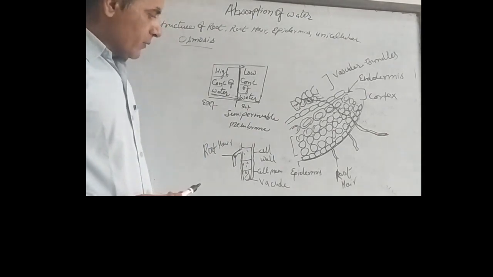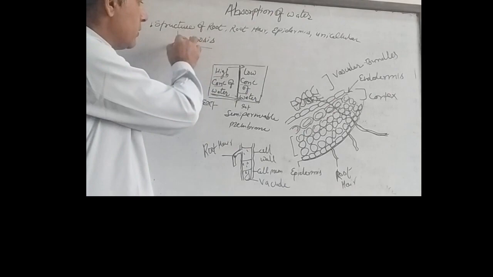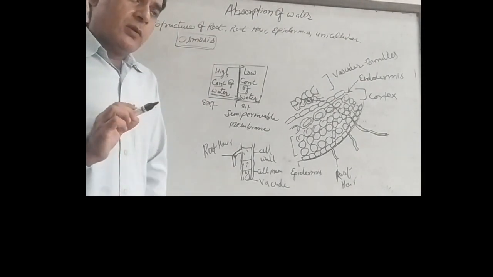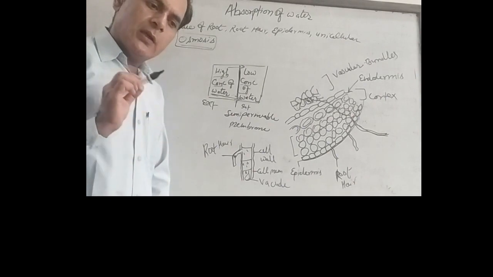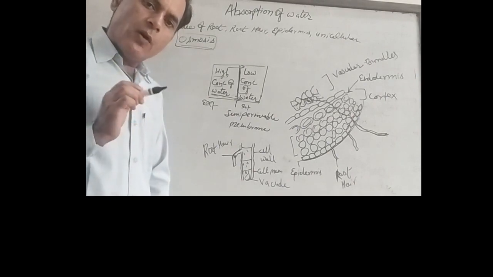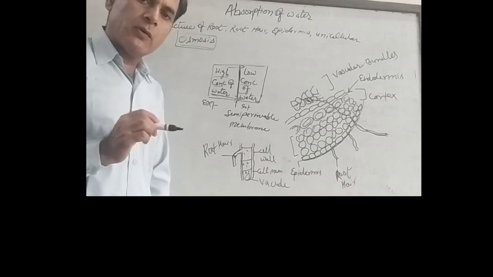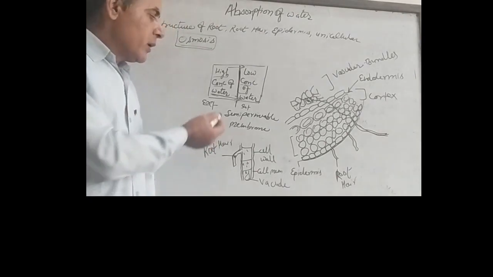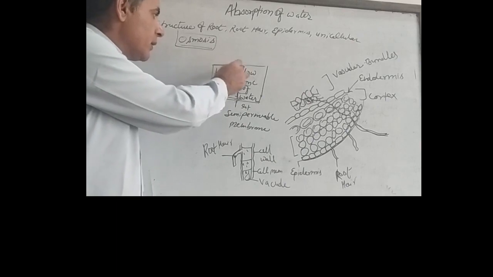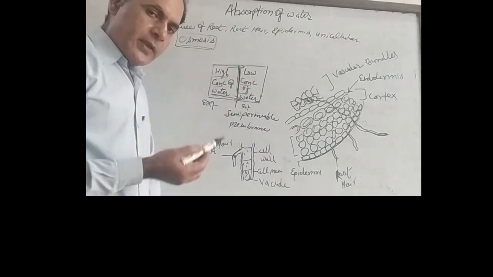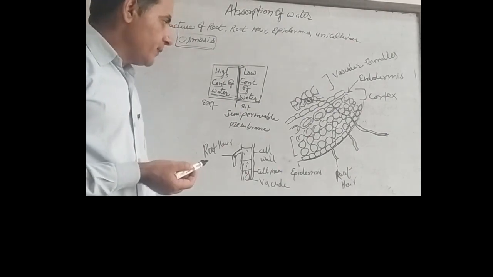Now how is the water absorbed? First you have to understand osmosis. Osmosis is a process in which the molecules of water move from higher concentration to lower concentration. In the soil, water is found in excess, present in high concentration.